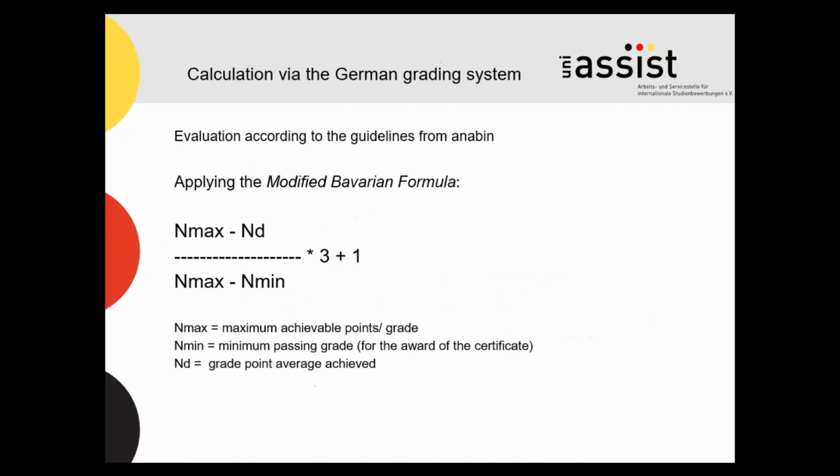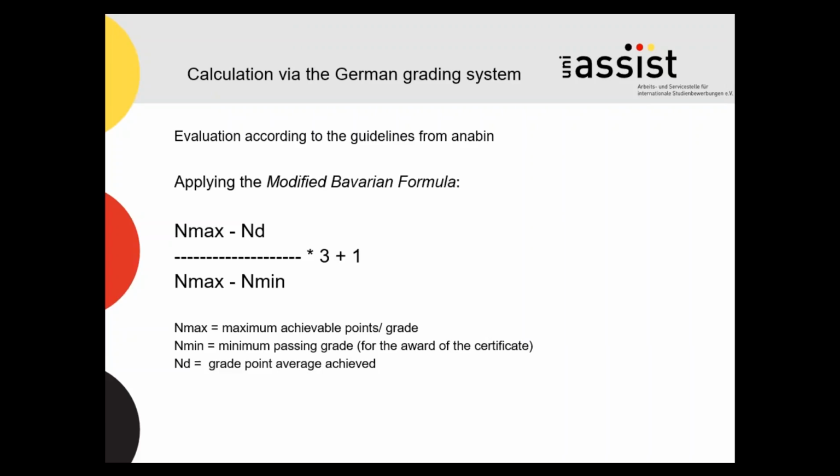Now we have also prepared for you information concerning the evaluation of your final grade. While evaluating the final grade, the so-called modified Bavarian formula is used, where we always take the maximum possible passing grade, the minimum passing grade, and your point average achieved.